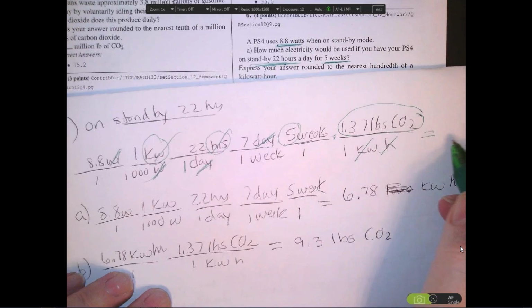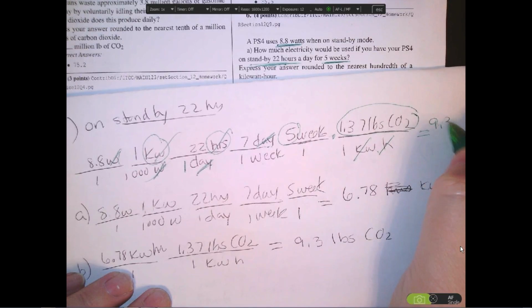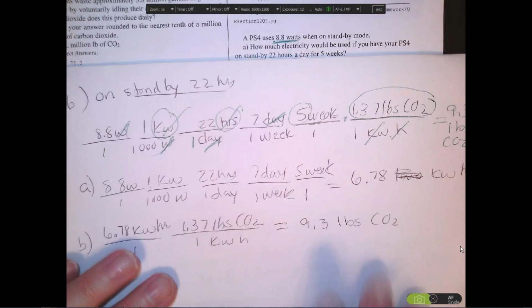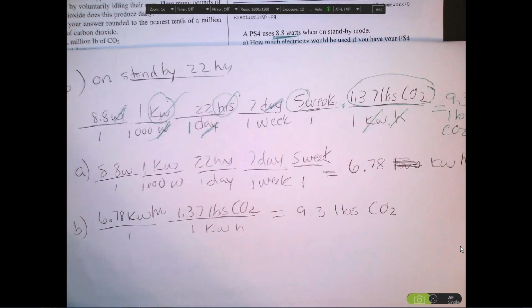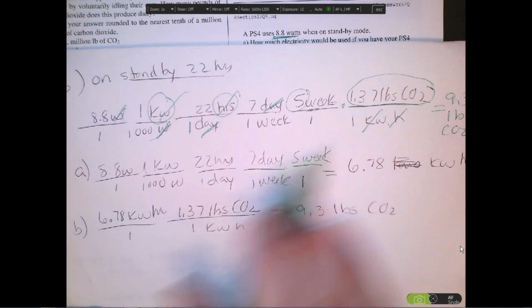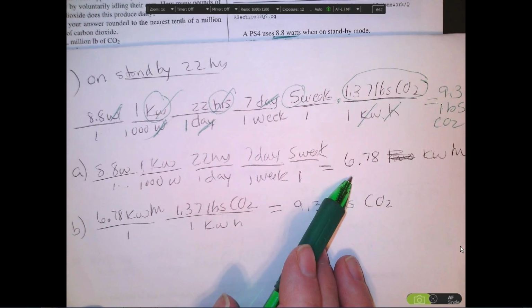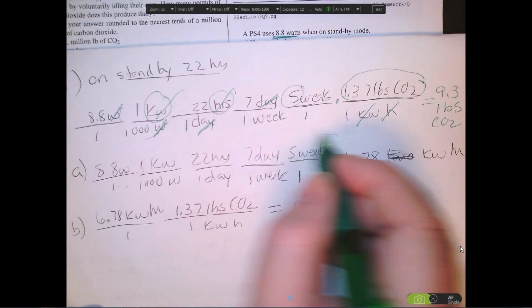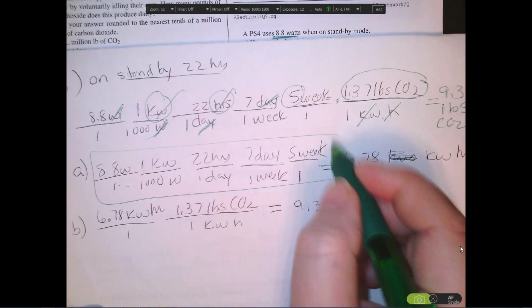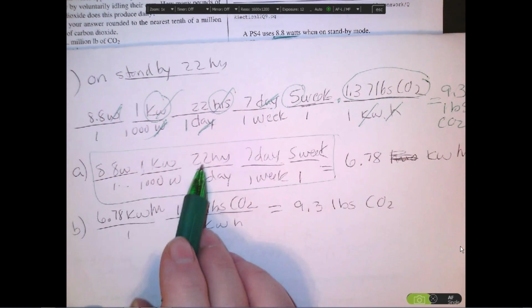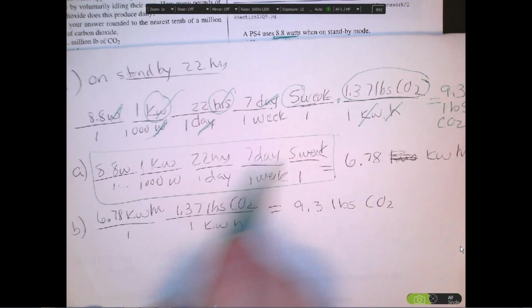And I almost did it again. That turns out to be 9.3 pounds of CO2. And every time I do this problem, they ask an A and a B. This is the final answer. In A, they just wanted to know how many kilowatt hours. So we just do this part before the conversion. 8.8 times 22 times 7 times 5.